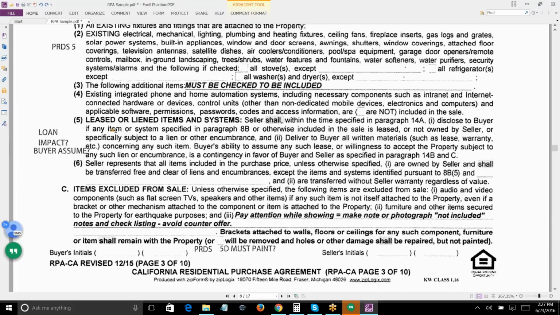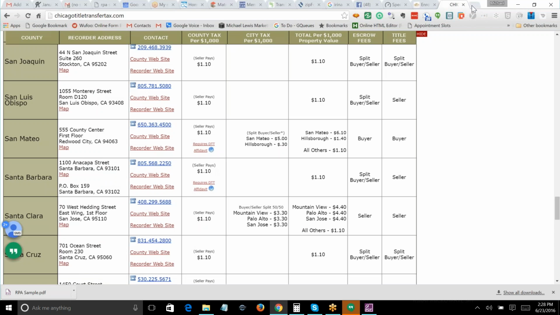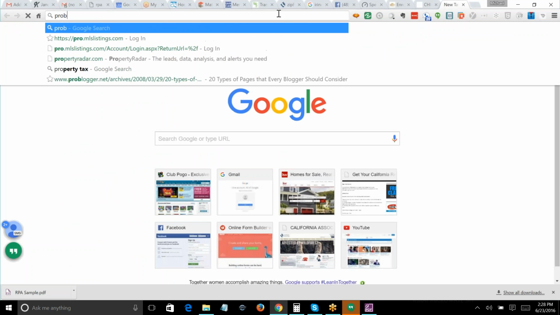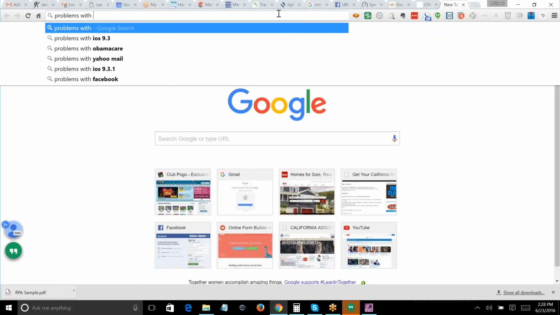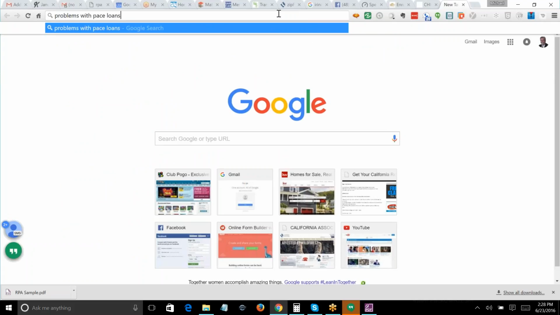So there's also something called a PACE loan or a HERO loan. I don't know if you've heard of those. A PACE loan, and by the way, this is a fascinating subject. It really is. I'm going to type in problems with PACE loans.